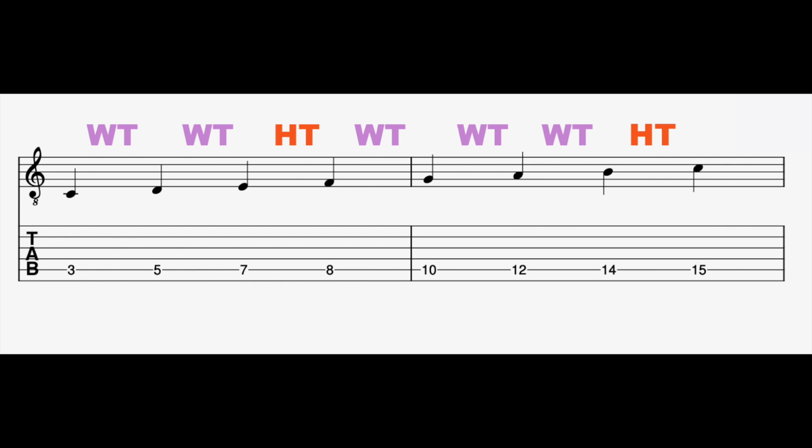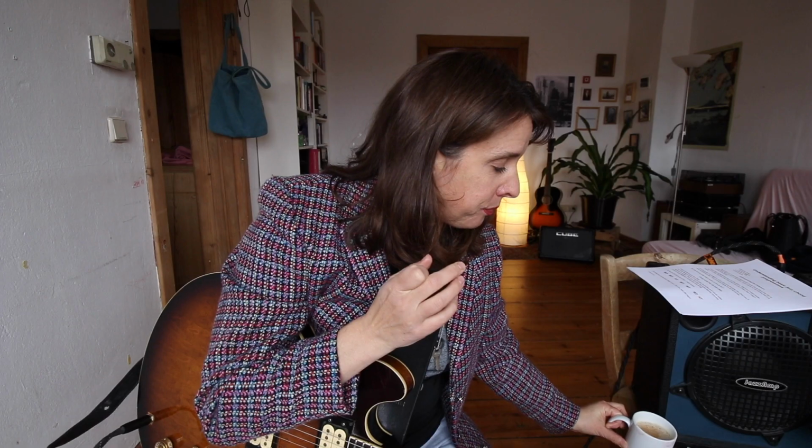So if you want to play a major scale, you have to learn the formula or the DNA of this scale. And the DNA of the major scale is whole tone, half tone, whole tone, whole tone, half tone. You can start this formula on any note, wherever you like, right?